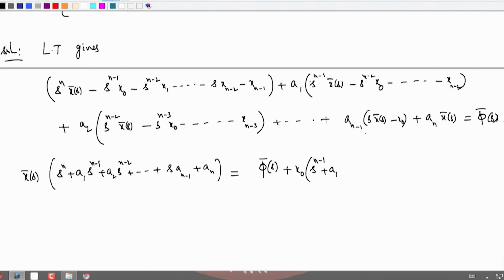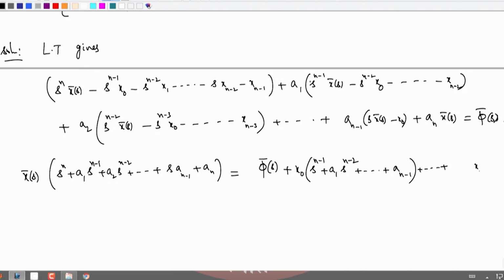If you collect the coefficient of x naught, you have s power n minus 2 and so on. Finally, you are getting the coefficient of x naught, that is minus, so it is plus when you bring it to this side. So, you have a n minus 1.